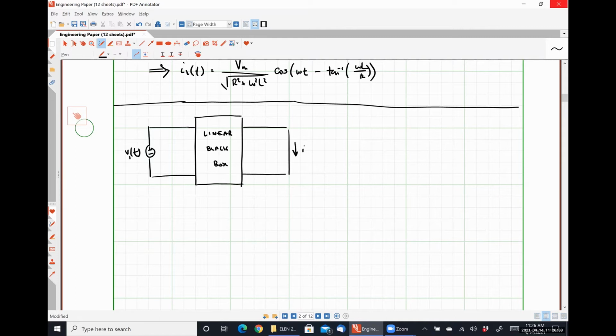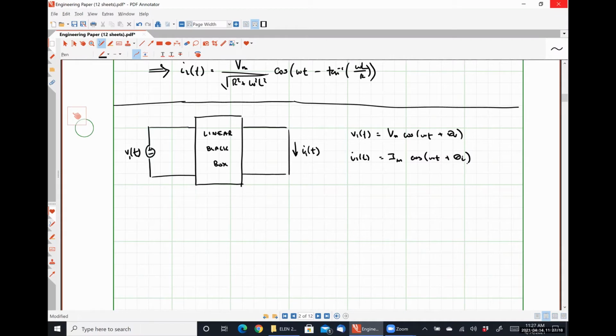And I measure some current, its response, as I1 of t. Well, we have proven that if V1 of t is of the form Vm cosine omega t plus theta v, then I1 of t will be of the form Im cosine omega t plus some phase angle theta I. That's all that terrifying math we just did, is proving this equivalence, all right?